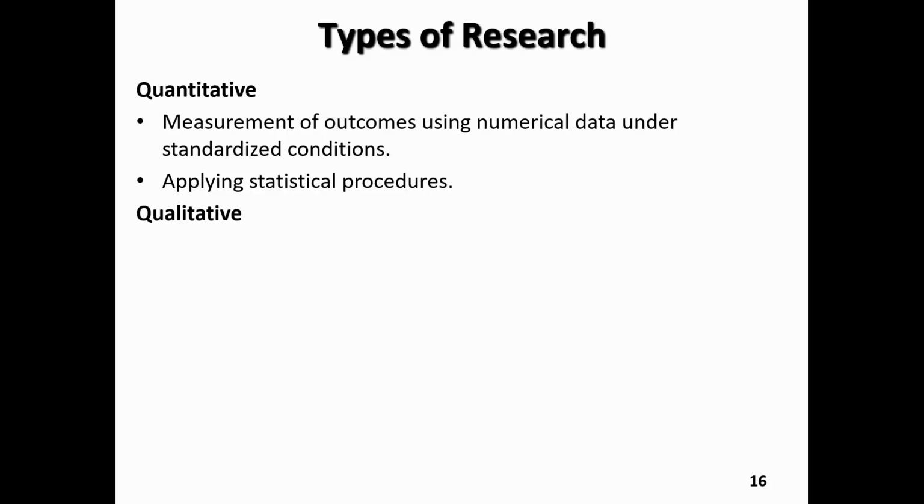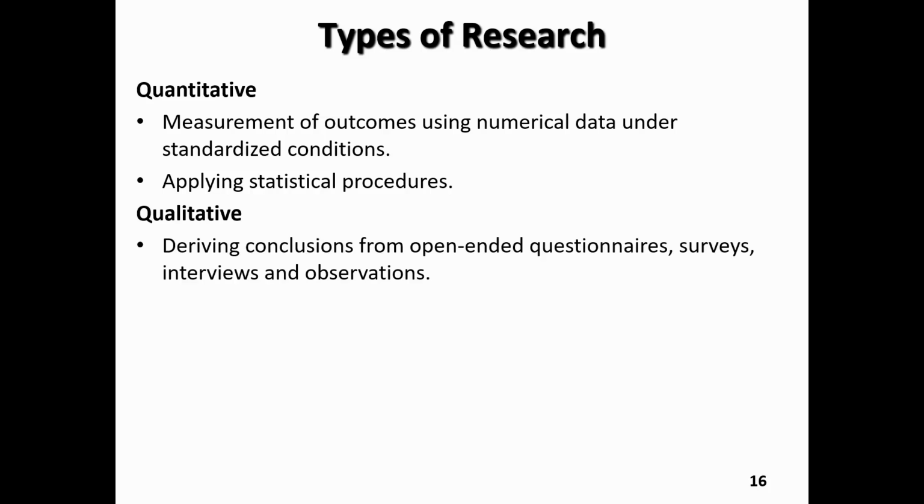The second basic type of research is qualitative research, and qualitative research is that research in which numerical values are not applied to research observations. So drawing conclusions from this type of research is obtained from using questionnaires that are typically open-ended, surveys, interviews, and various other observations.